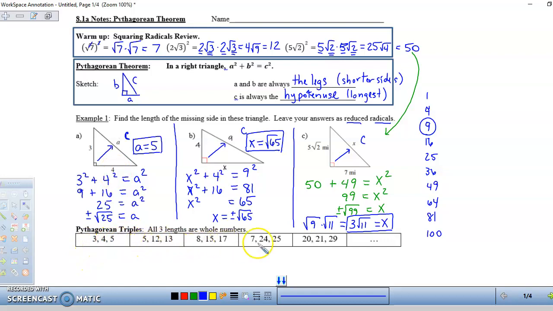You can do that for all of these triples, and there's actually an infinite number of these triples. But the popular ones are 3, 4, 5, 5, 12, 13, and then some ones that are sometimes used are here and here. This one's hardly ever used, but just realize there are some weird ones out there as well.